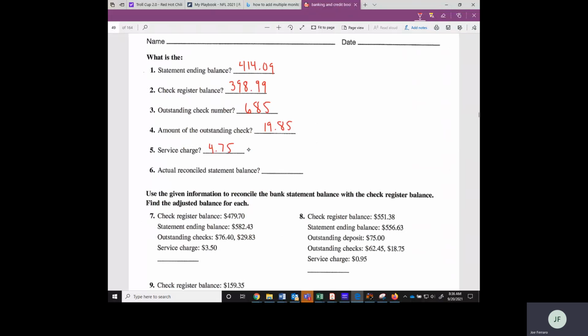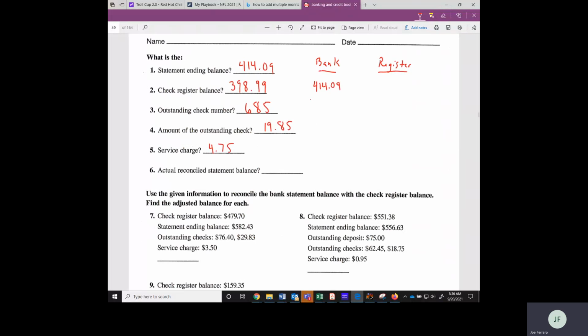So what I'm going to do is make two columns here: what the bank has and needs, and what our register has and needs. The bank statement had started out with this. It was missing this check.